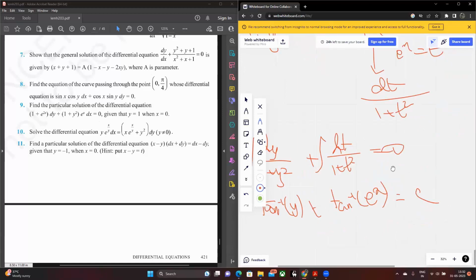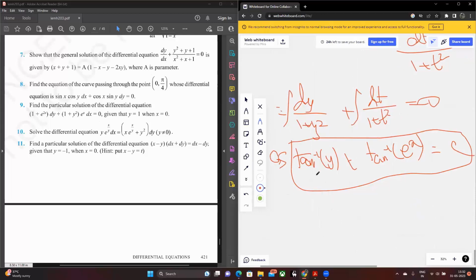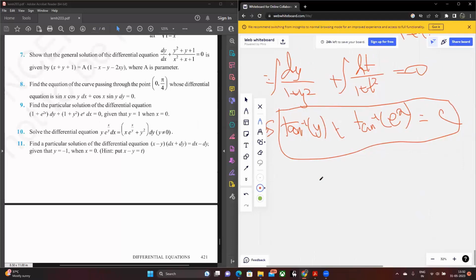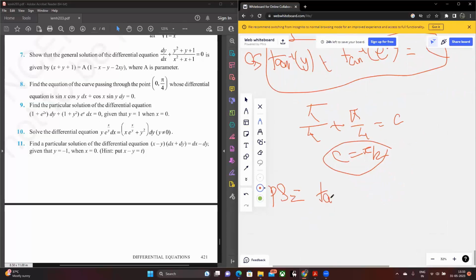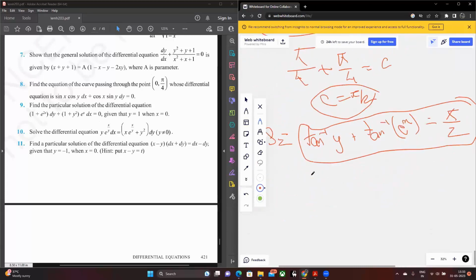This is your general solution, your GS. Given the point (0, 1), this is pi by 4 plus pi by 4 equaling c, so c is equal to pi by 2. Therefore, your particular solution becomes tan inverse y plus tan inverse of e power x equaling pi by 2. That's your answer.